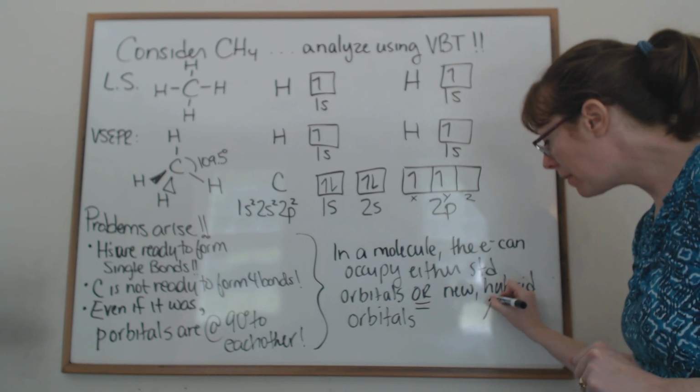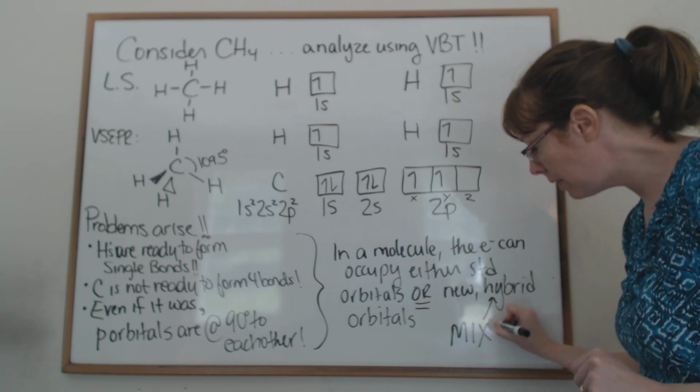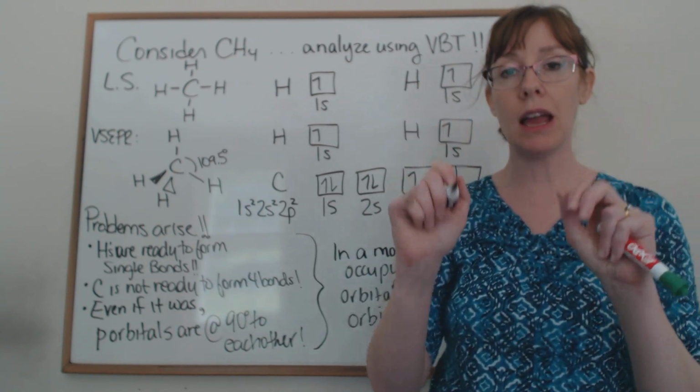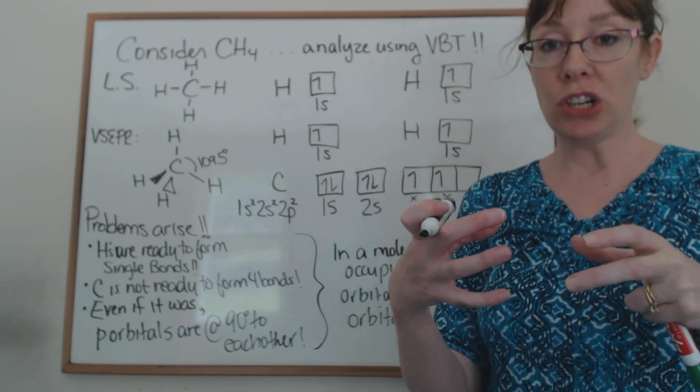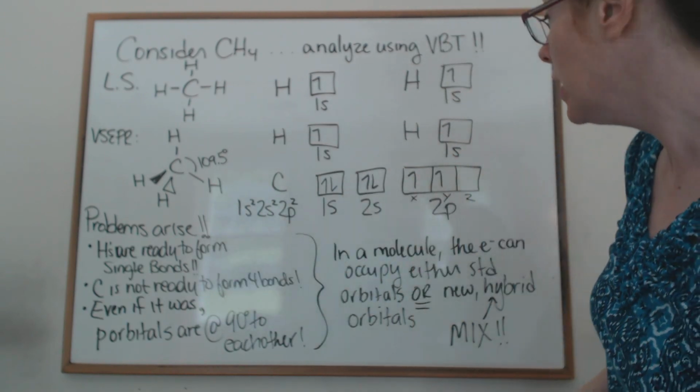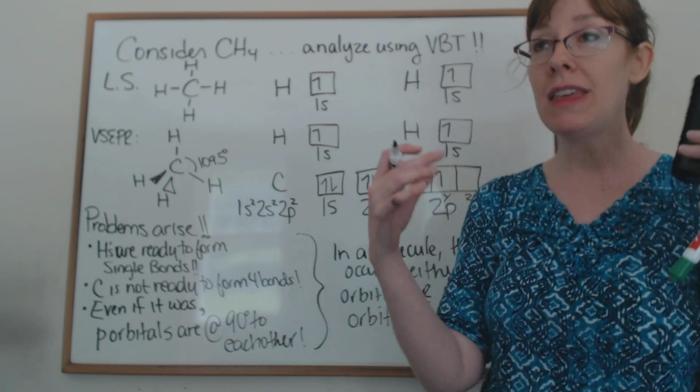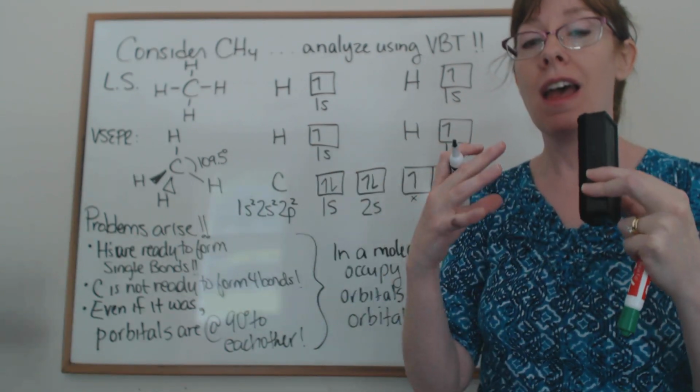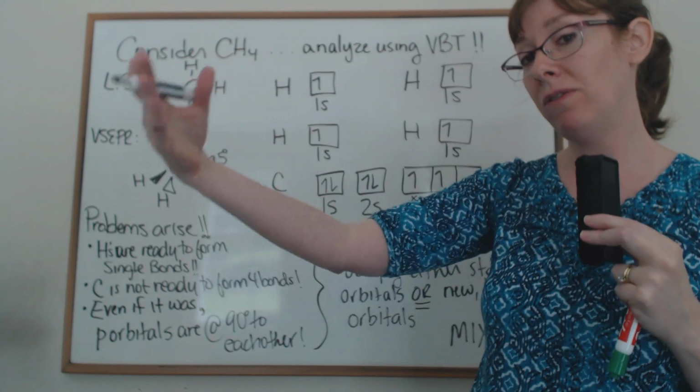And remember the word hybrid, even we use this for the concept of resonance hybrid. Hybrid means mixture or mixing of orbitals. The orbitals mix together. They do a remix together, and they use that new mix for their bonds.